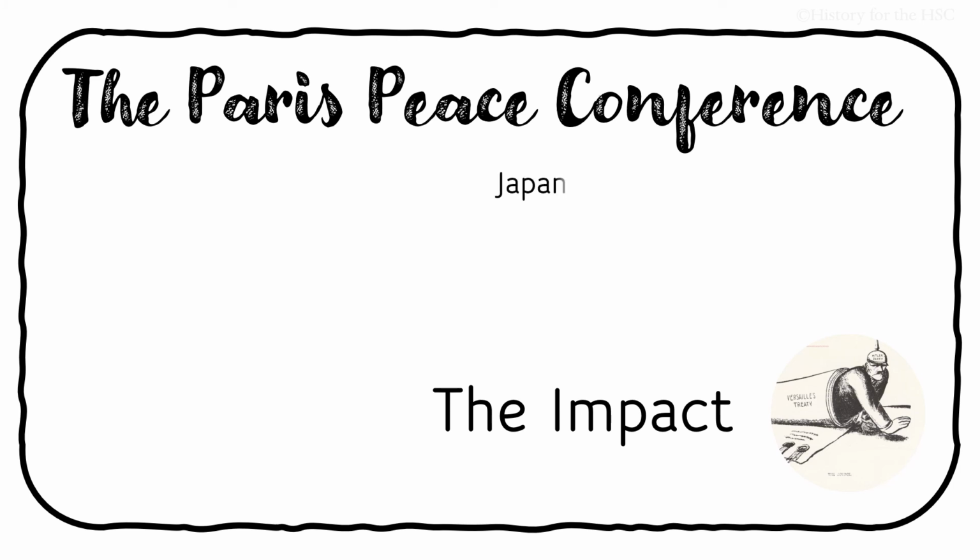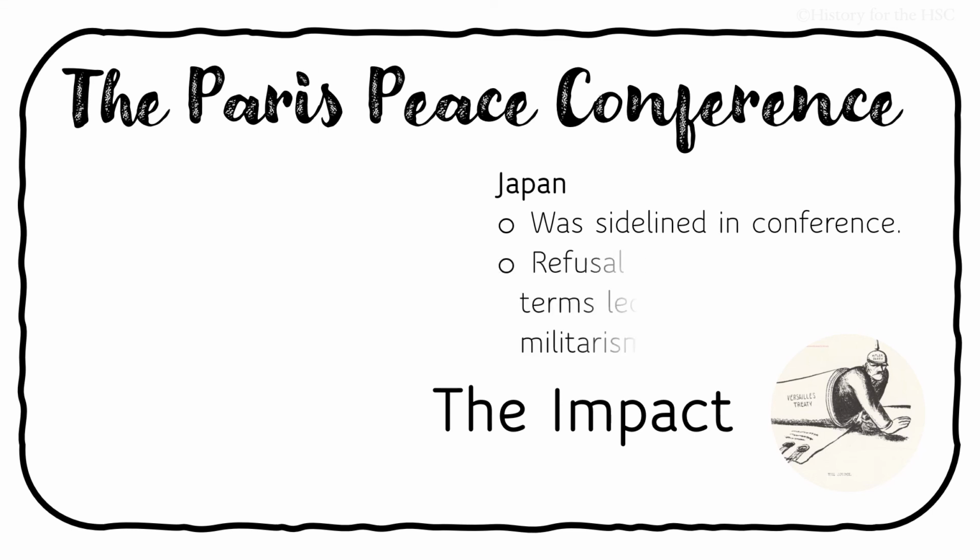Now, Japan had entered the conference as one of the Big Five, but it had been sidelined. Was that because of their relatively small involvement, or was that because of issues over racism? But the Allies' refusal to accept the desires of Japan at the Paris Peace Conference led to the increasing growth of militarism in Japan that sought solutions to their problems.